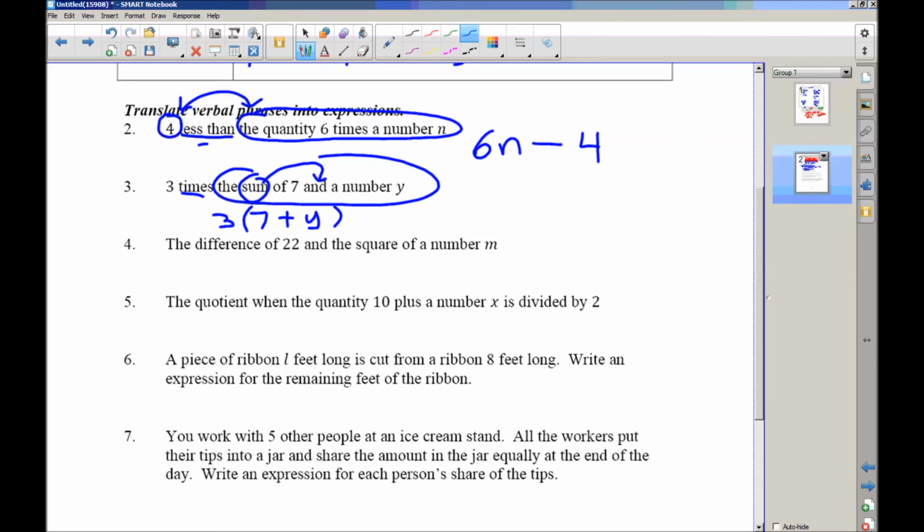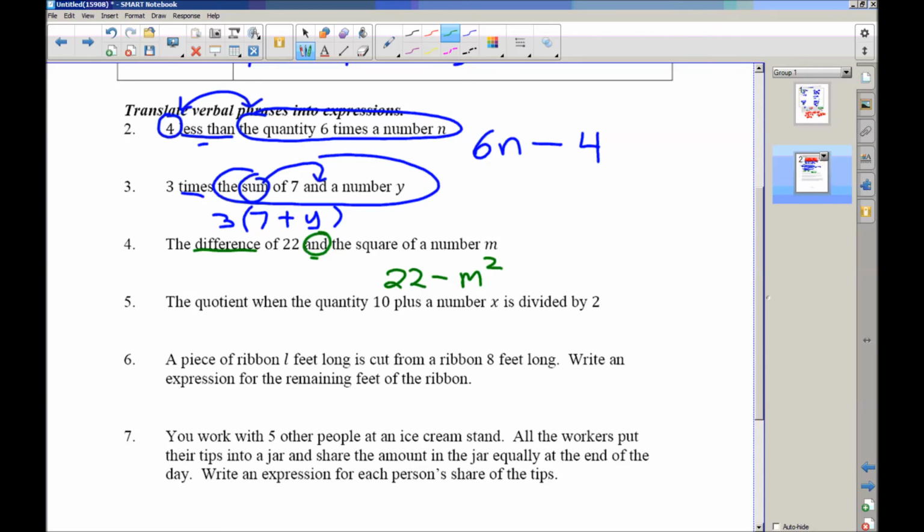Okay? So the difference of 22 and the square of a number m. Same thing I was just saying. Difference is the answer to a subtraction problem. If you look for the word and after you see one of those answer parts, that's where you're going to put the subtract. So the difference of 22 and the square of a number m. That means I have to square m. Exponents are going to happen before subtraction, so I don't need to worry about parentheses there. Okay?